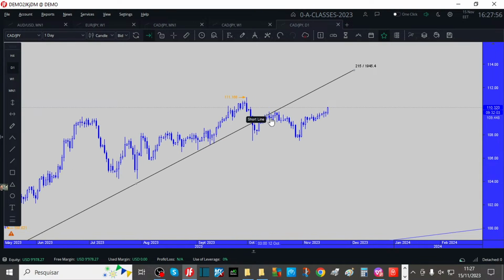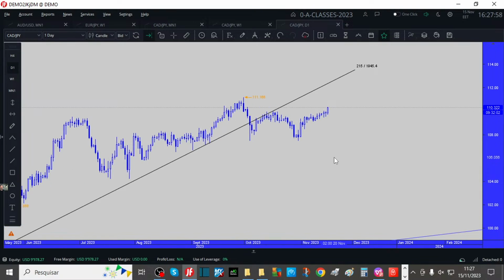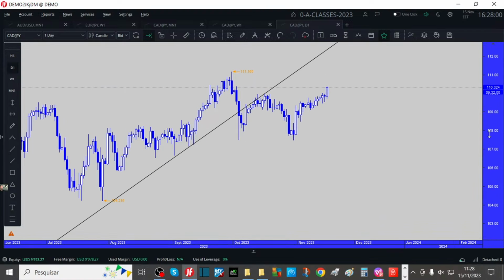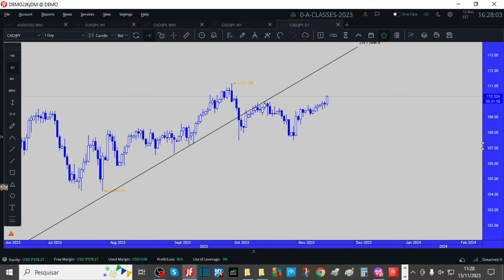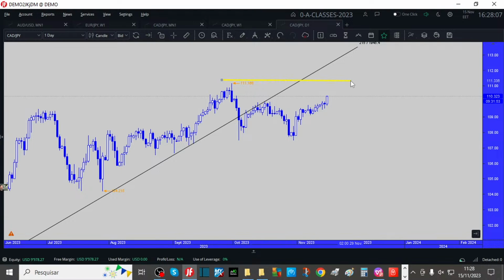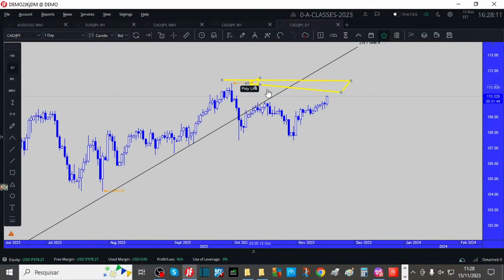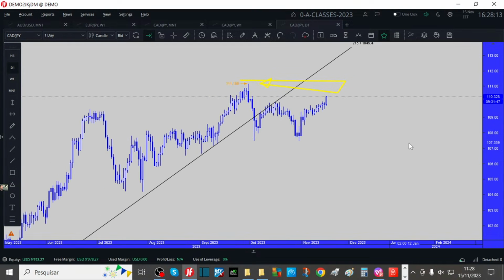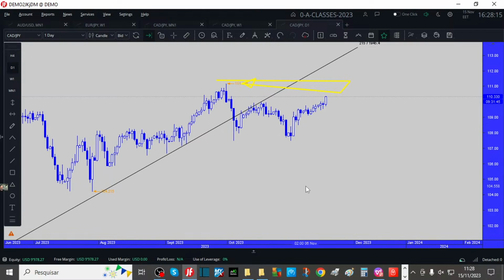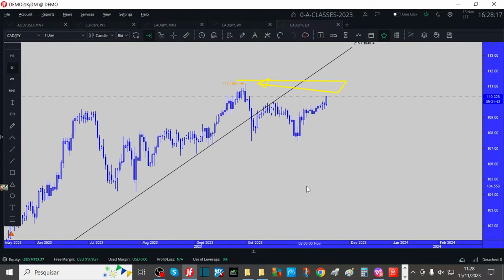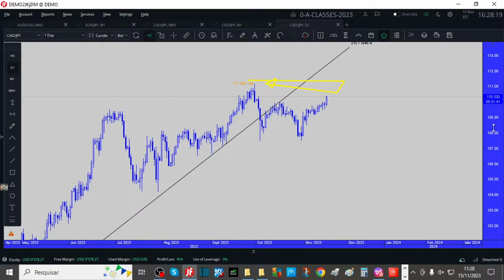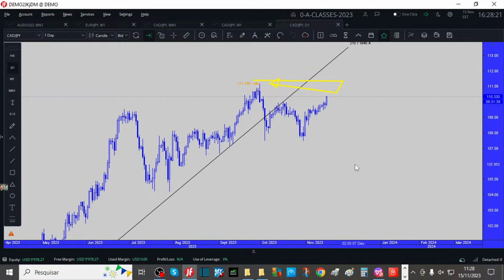Everybody, and now the market is still moving up, right? Okay. And if the market is going to break this high here, then we are going to readjust this uptrend line. All right. Yes, long term, short term.